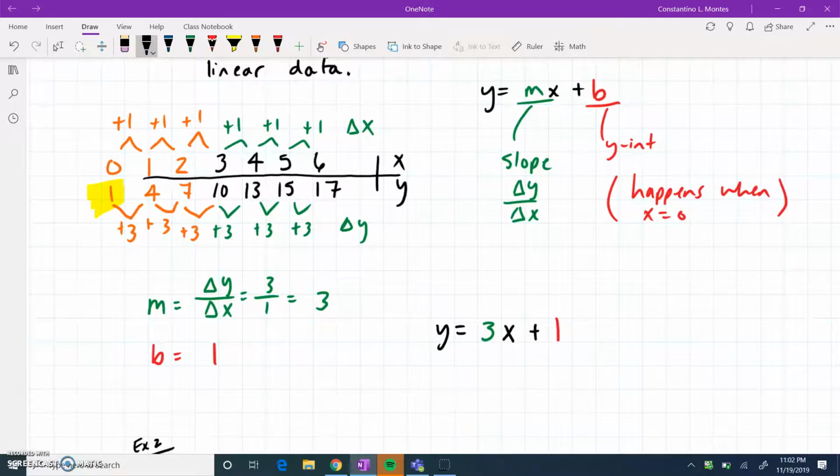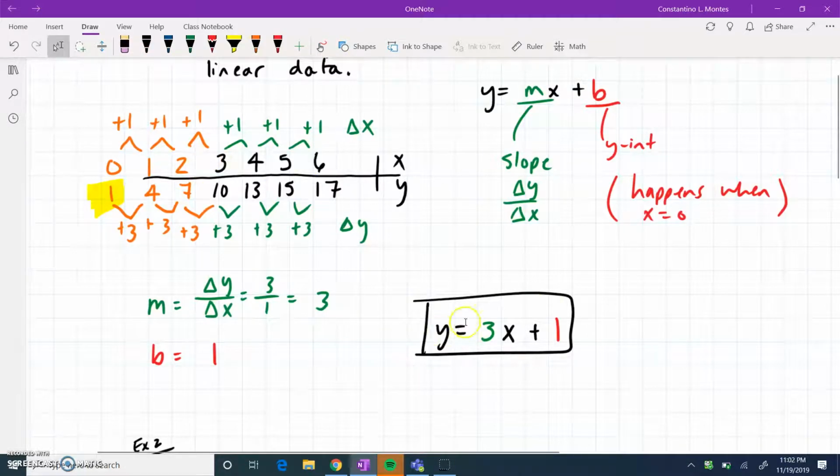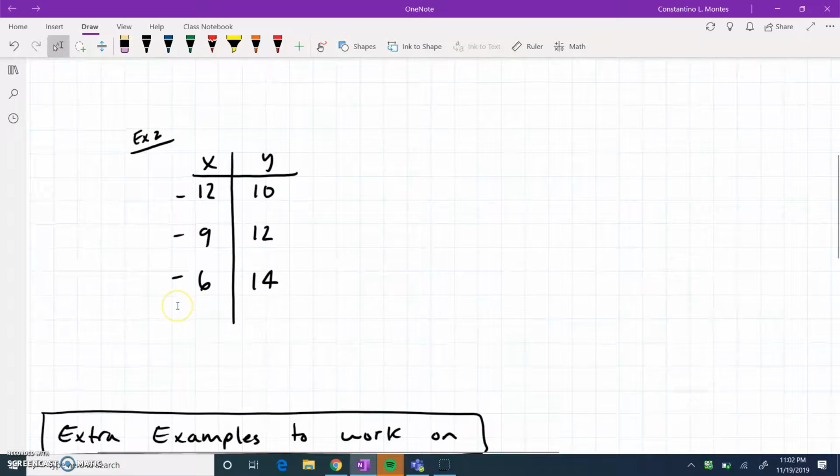So now I am done. I have found the equation that represents this data: y equals 3 times x plus 1. Okay, easy stuff, right? Let's try another example.